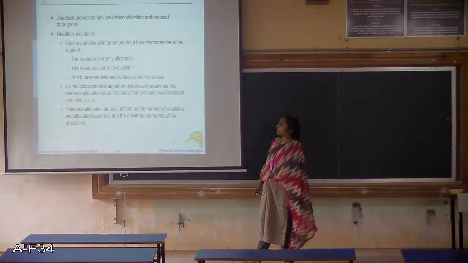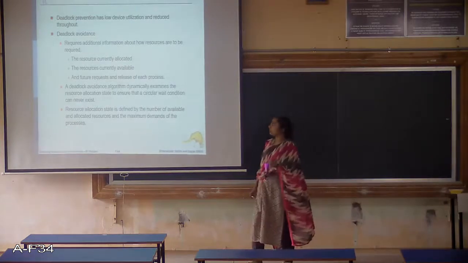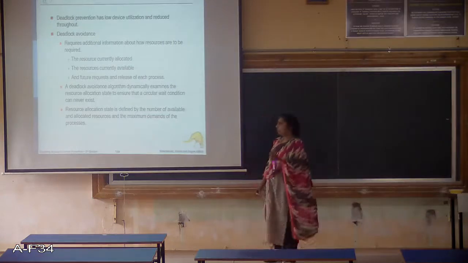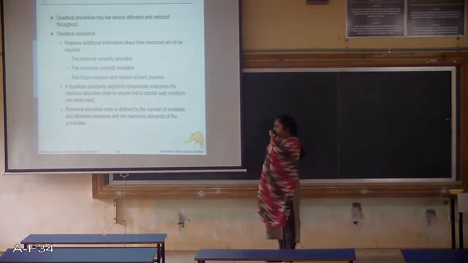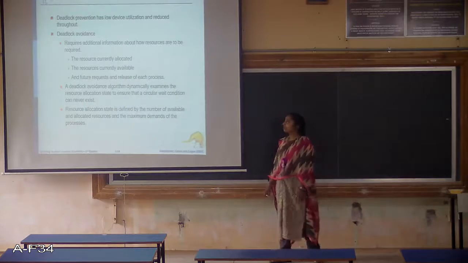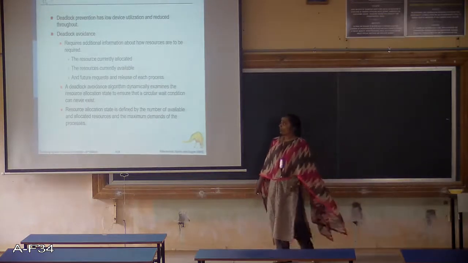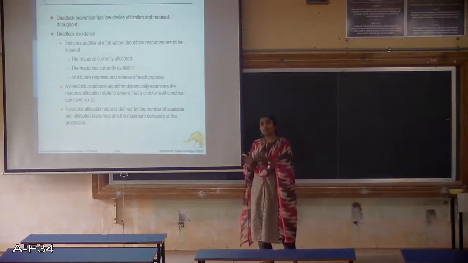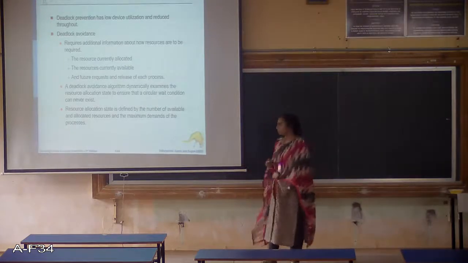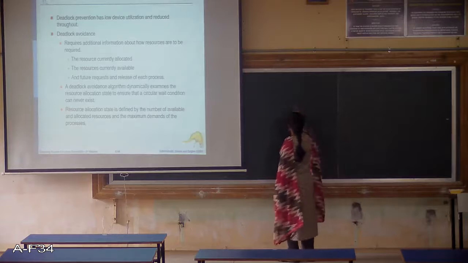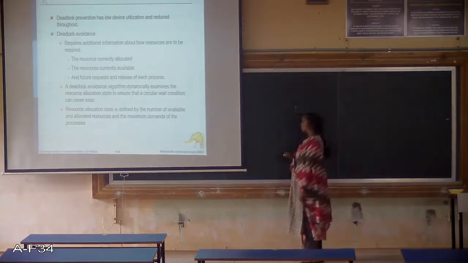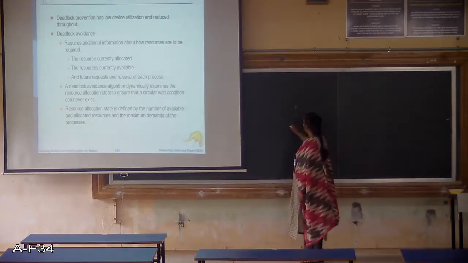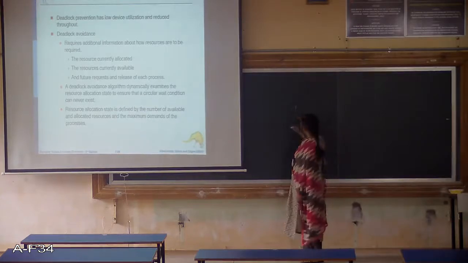So what all will it require? It will first need to understand how many resources are already allocated to the process. It will also require to know how many resources are available with the operating system. First, for any process in the system, how many resources are allocated to it?